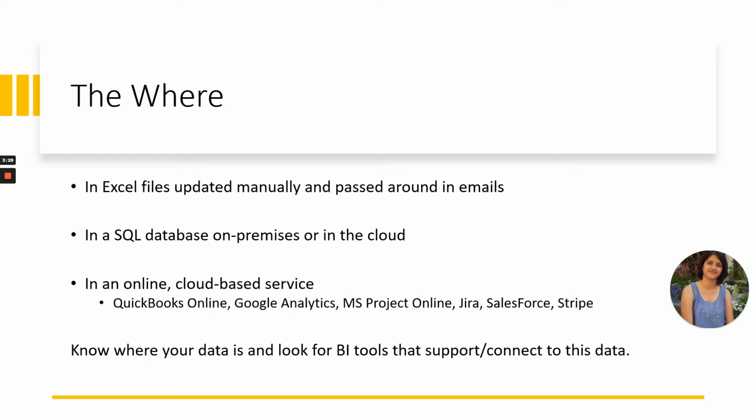It could be in an online cloud based service like QuickBooks Online, Google Analytics, Project Online, Jira, Salesforce, any one of these cloud based services. So it's important to know where your data is and then look for BI tools that work easily with these types of data.